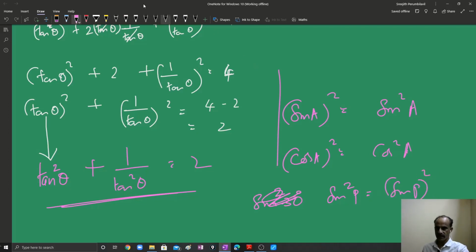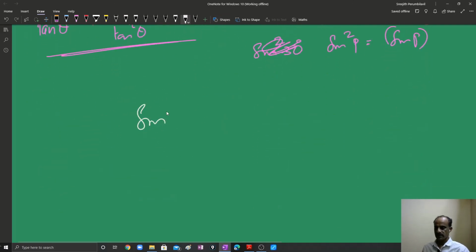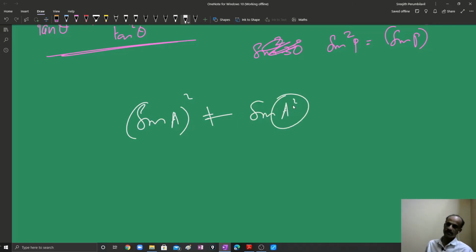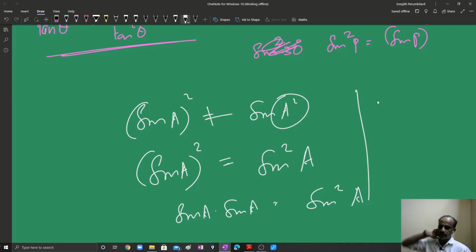Please be careful about what I am going to tell next. Sine A whole square is not equal to sine A square. A square means that the angle is being squared. So remember that sine A whole square is the same as sine square A, or sine A into sine A is equal to sine square A. That is the square of a trigonometric ratio.